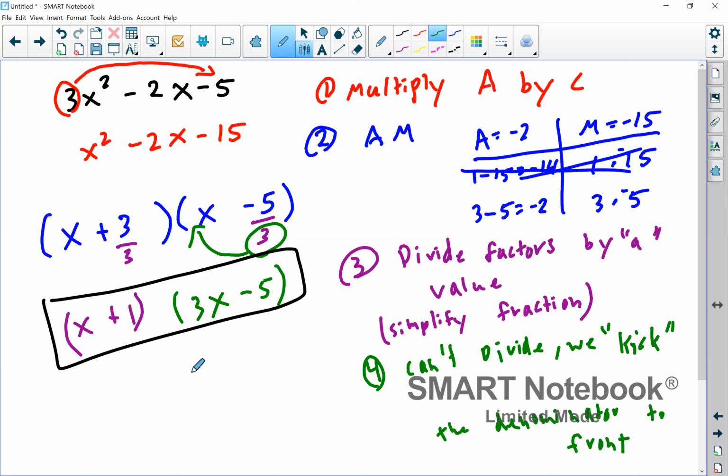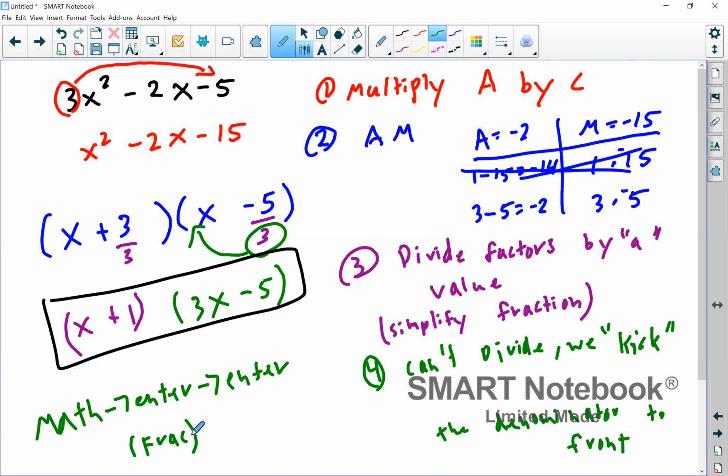This is where having the graphing calculator comes in handy. The first time you hit enter, you're on the Frac, and this will make the smallest possible fraction if possible. If not, you should hopefully just have a 3 over 3 become a 1, and the 5 over 3 will stay 5 over 3, and you just kick that 3, the denominator.